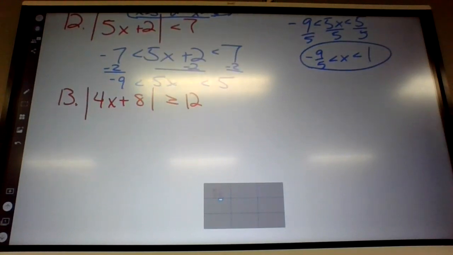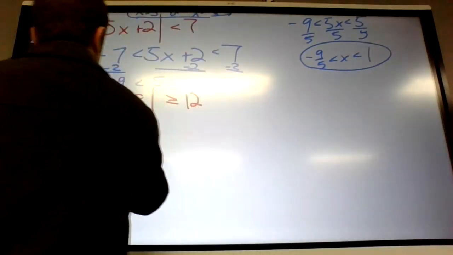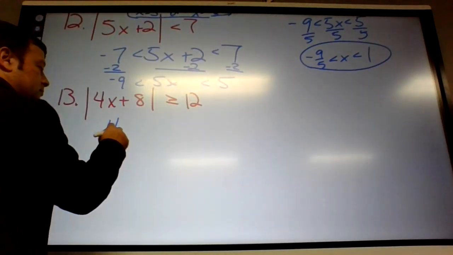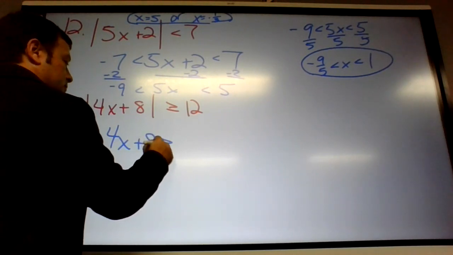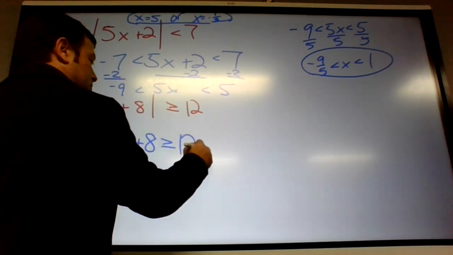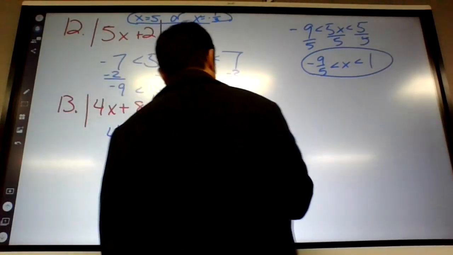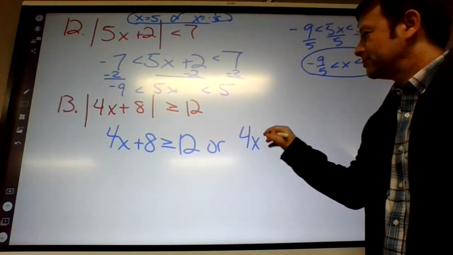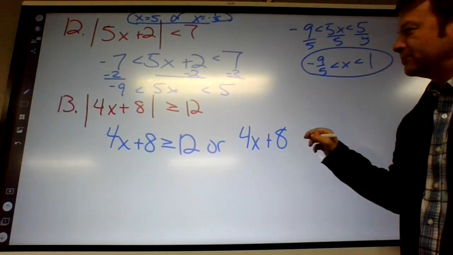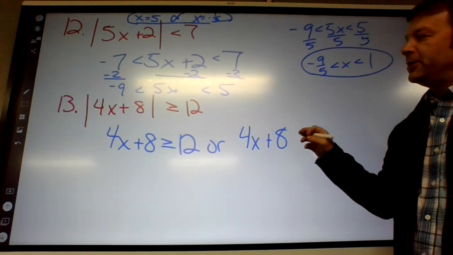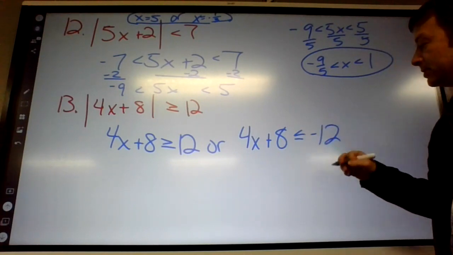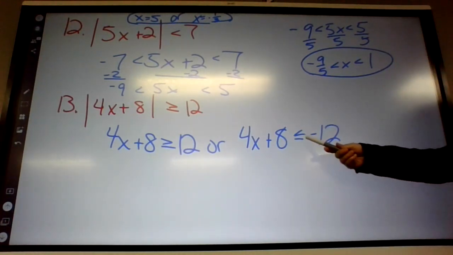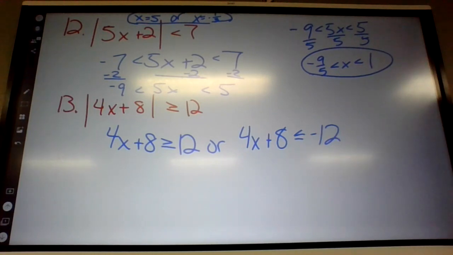Alright, Corbin, how did absolute value greater than set up? It would be 4x plus 8 is equal to or greater than 12, or 4x plus 8 is greater than or equal to. No, the greater than switches on the second one, so it's less than or equal to, and then they both switch. The greater than switches and then negative positive switches to negative.